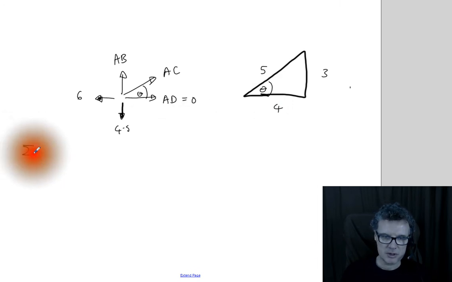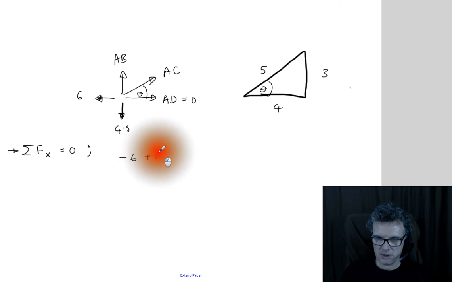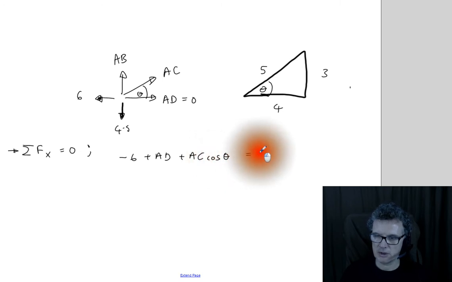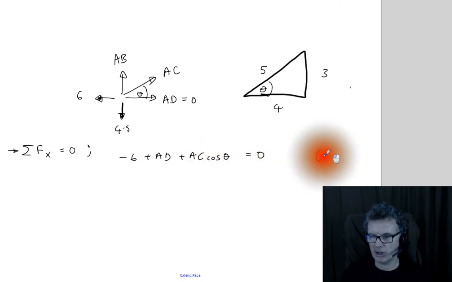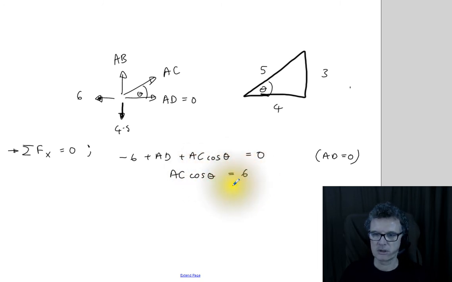Let's resolve the forces in the x direction. So we're going to get minus 6 plus AD, which is 0, plus AC cos theta equals 0. So substituting that AD equals 0, that gives us that AC cos theta equals 6.